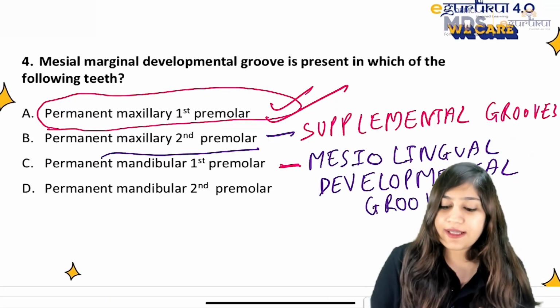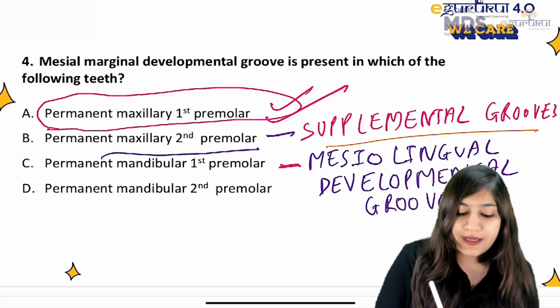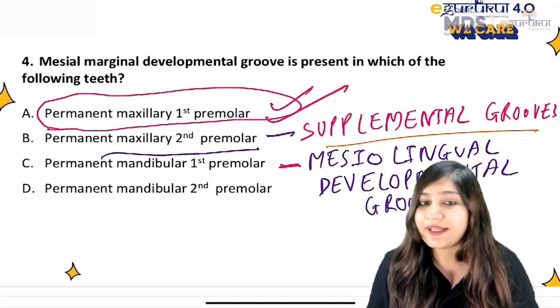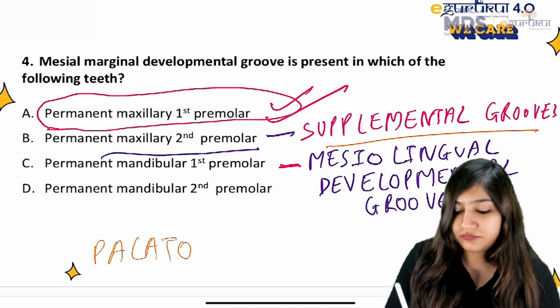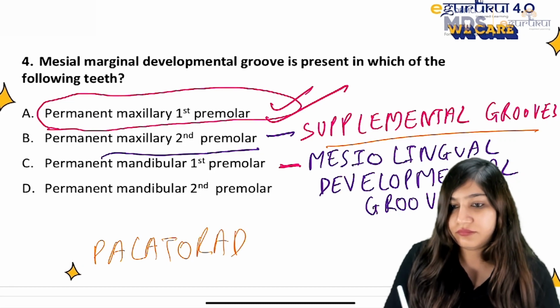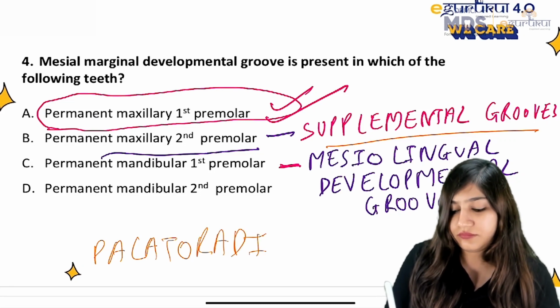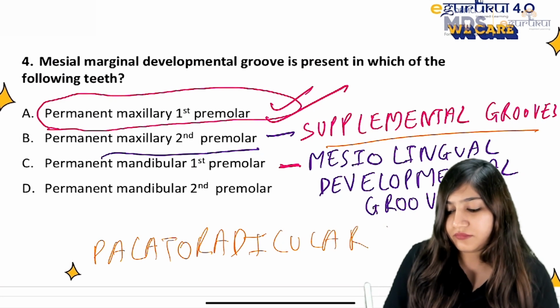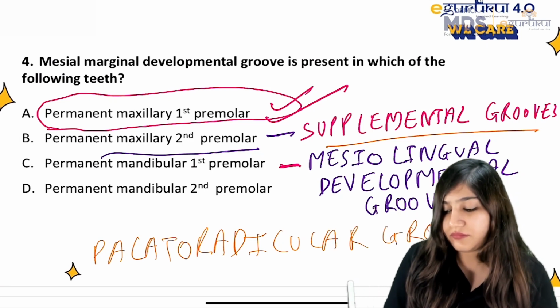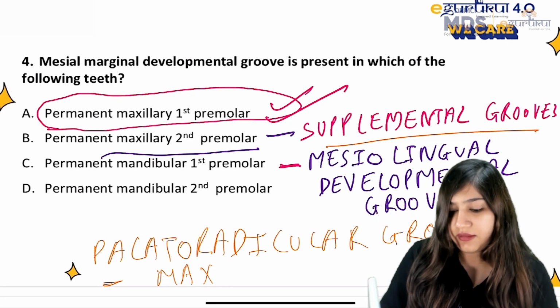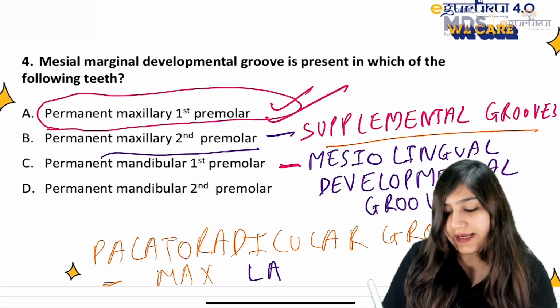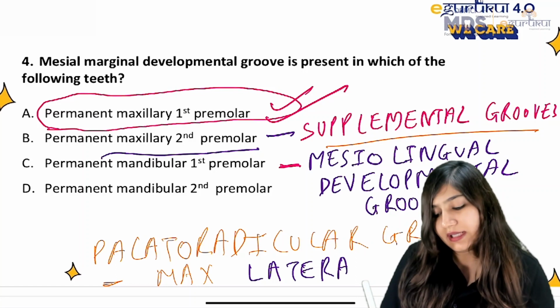For permanent second premolar, we have supplemental grooves, and palatoradicular groove is present mainly in maxillary lateral incisor.